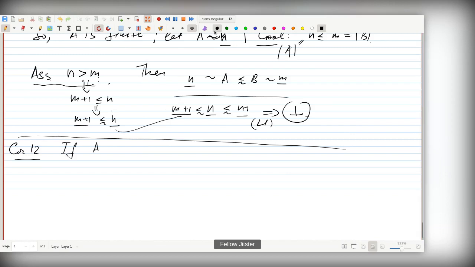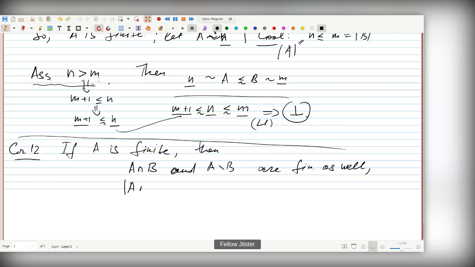If A is finite, then the sets A intersected by B for whatever B and A minus B are finite as well.